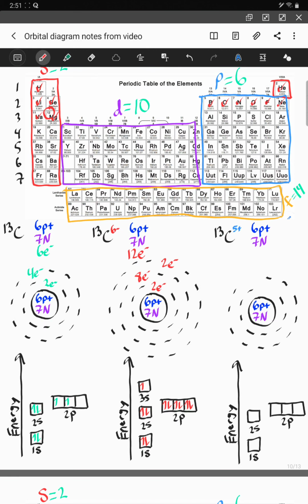So we're going to fill in these 2 electrons, and then voila, we are now done with our orbital diagram for carbon with a -6 charge.